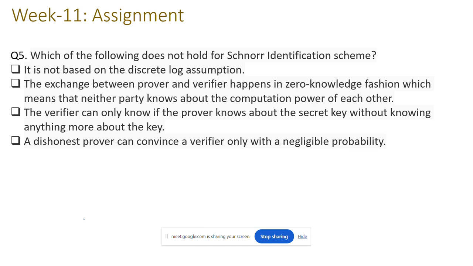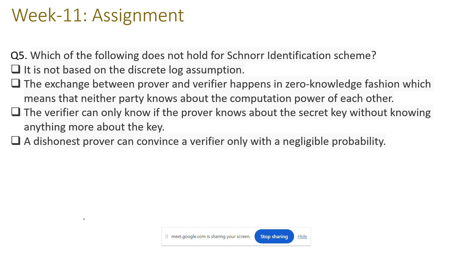The third statement says the verifier can only know if the prover knows the secret key without knowing anything more about the key. So the information the verifier gets at the end of the zero knowledge protocol is that the prover actually owns the secret key, but it knows nothing more about the secret key itself. So the third statement is correct.